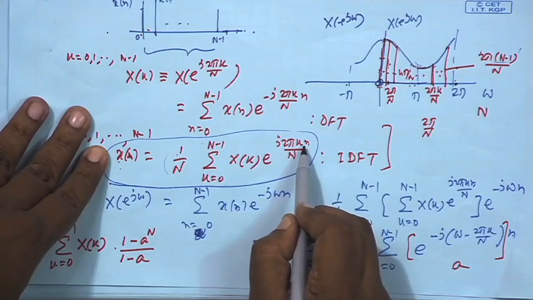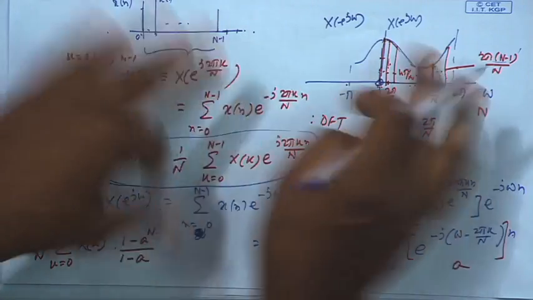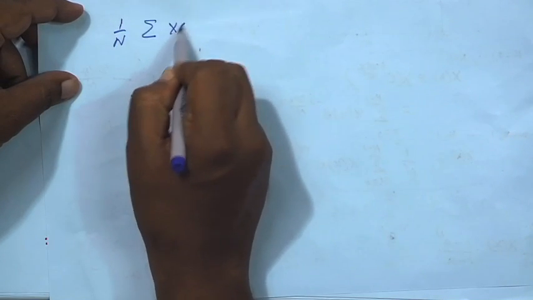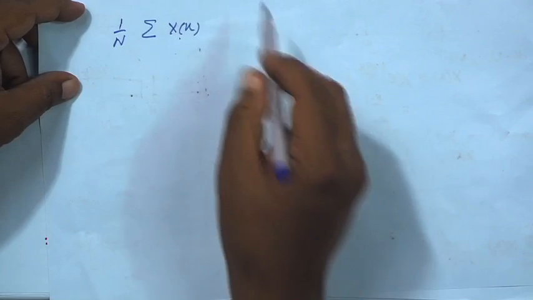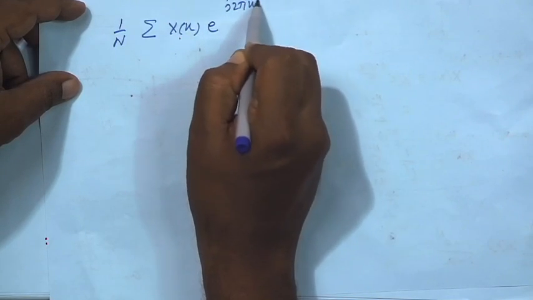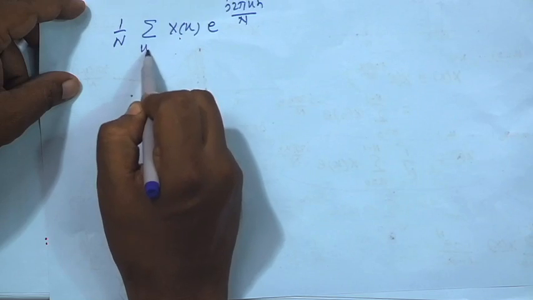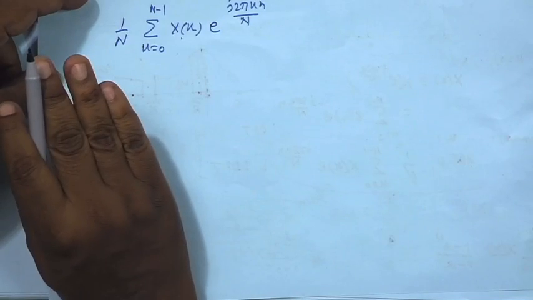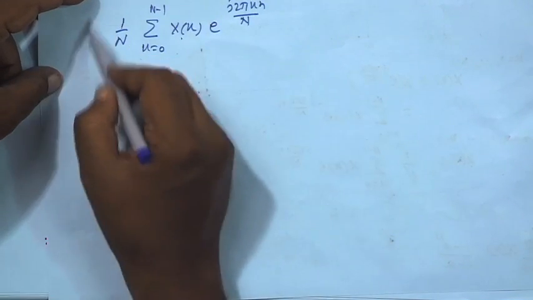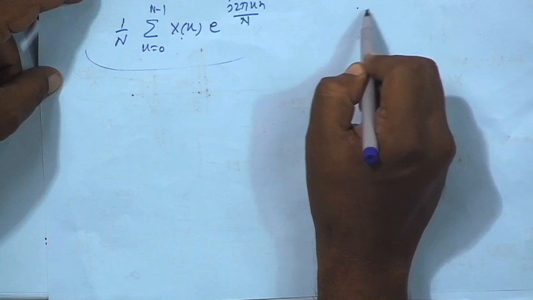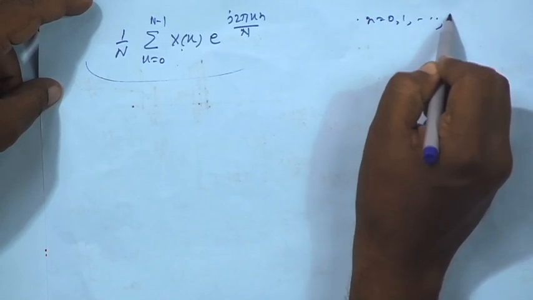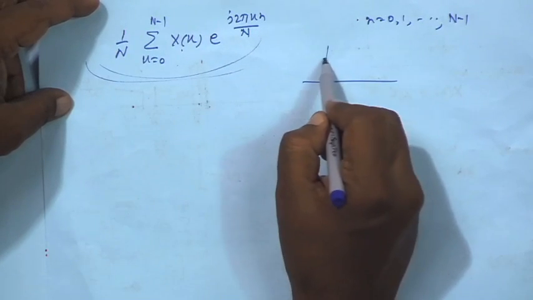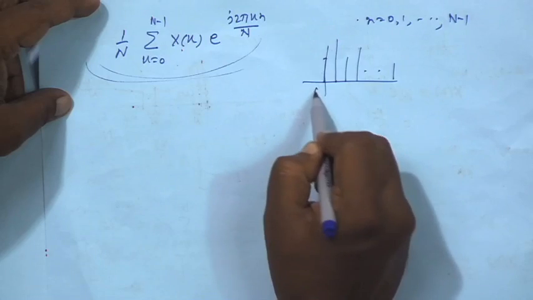Now, suppose I allow this small n to go beyond the range, that is, if I think of this IDFT, inverse DFT formula, so I got these samples from the DTFT, I am putting them here, okay, and I get some sequence. Now, suppose this entire thing is a sequence of duration originally n from 0, 1, dot dot, N minus 1. Okay, if you plot this entire thing, it will be a sequence, right, over this duration 0 to N minus 1.